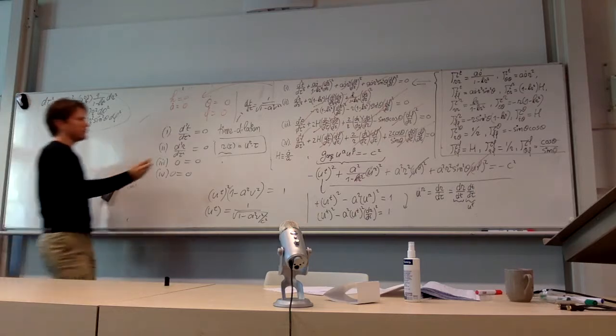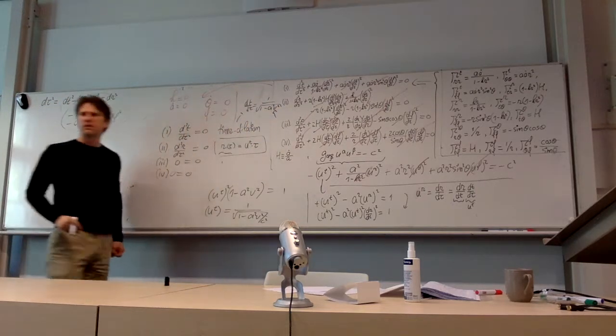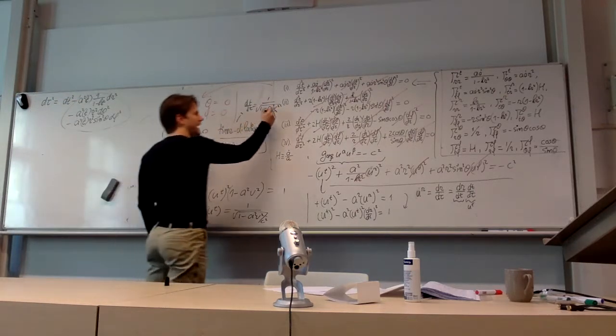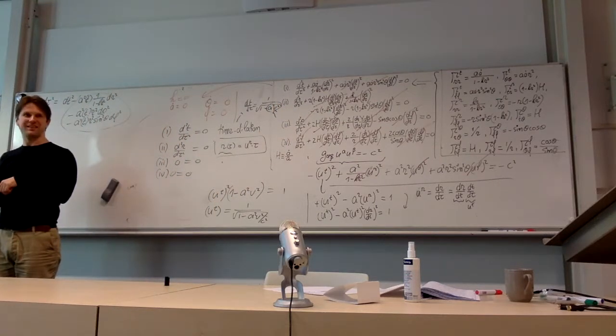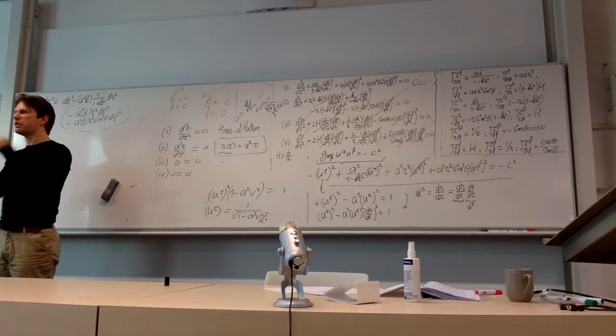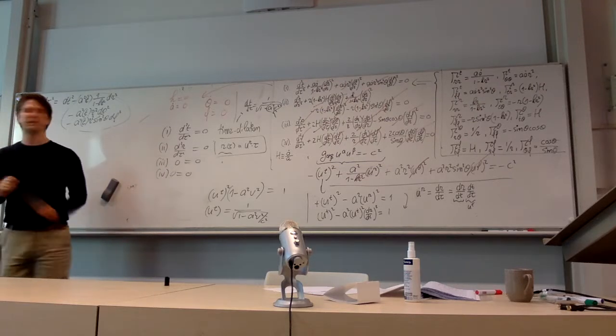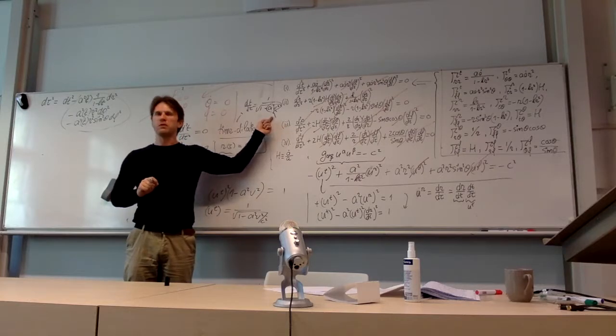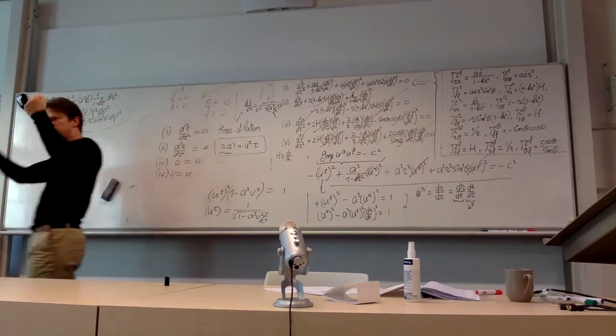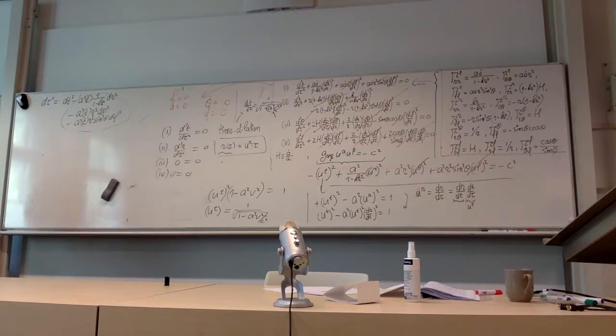So this is the co-mover velocity, and multiplying by a gives you the actual physical velocity, the actual physical v, the one that you would actually measure if you were not the co-moving observer. And then this just becomes the gamma of the non-co-moving observer, the one that actually does the measuring. So it's not just gamma-ish, it really is gamma. You just have to keep track of the co-moving observer and the actual physical observer.